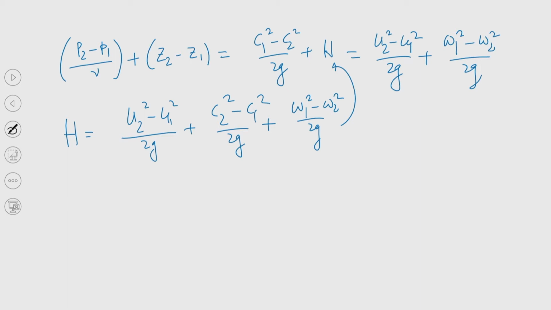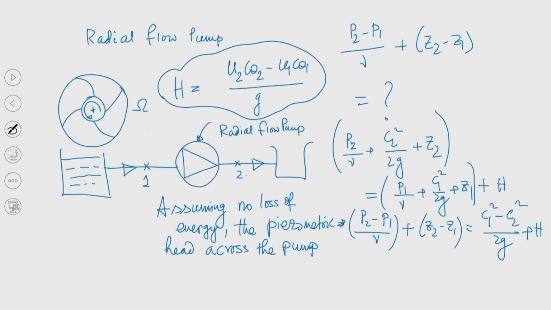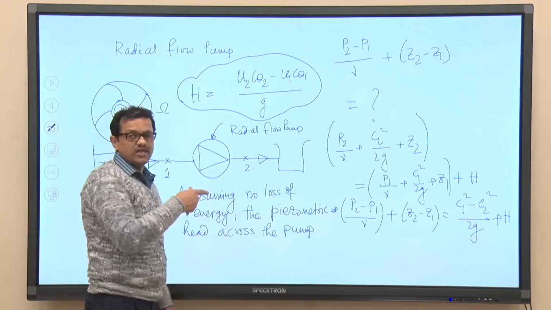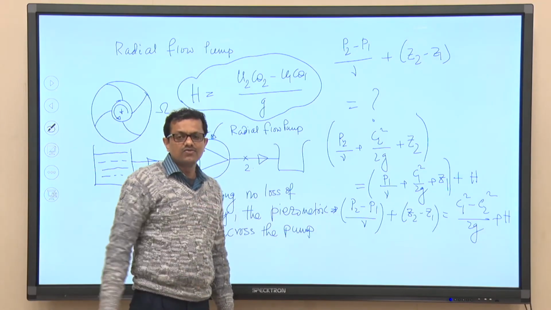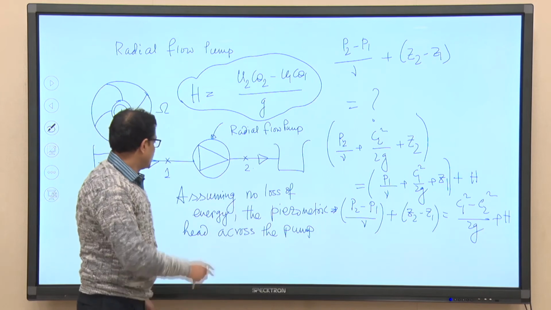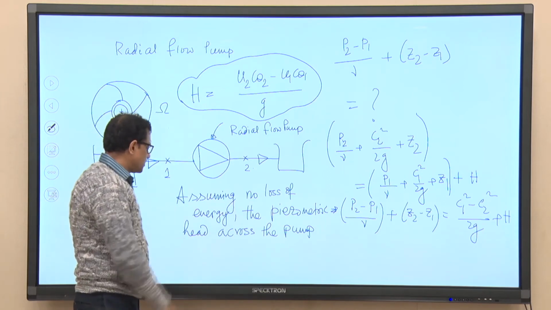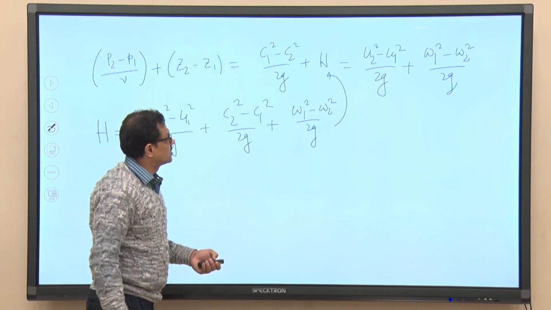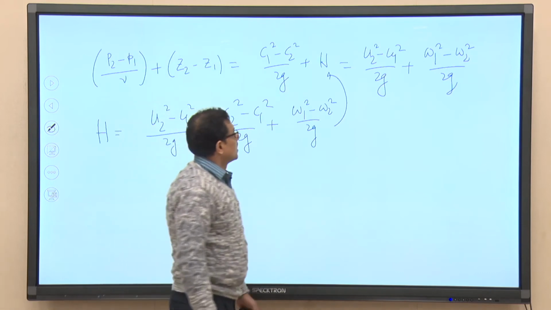Okay. So, this is the expression of the piezometric head across the pump, and if we now go back to the previous slide, there is no loss of energy, because we did not consider losses due to friction or other losses. So, assuming no loss of energy, the piezometric head across the pump can be written in this form. Okay.